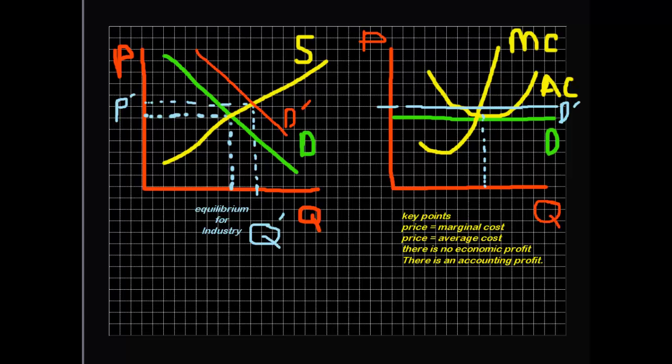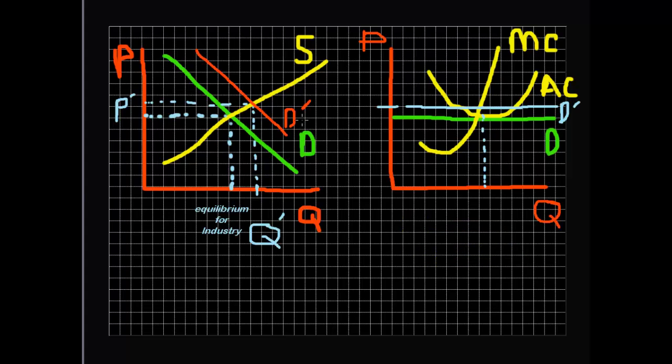And you'll notice now that D prime is intersecting the supply curve at a different point. It's got a higher price and a higher quantity demanded. That higher price is P prime in this example, and you can see the quantity demanded is Q prime. Now, that's going to have an impact over here on the individual firm. So I'm going to take that off.